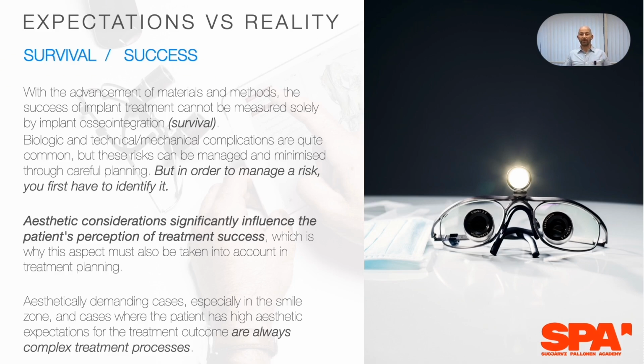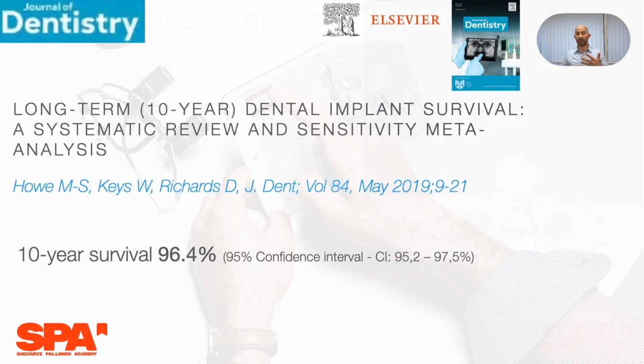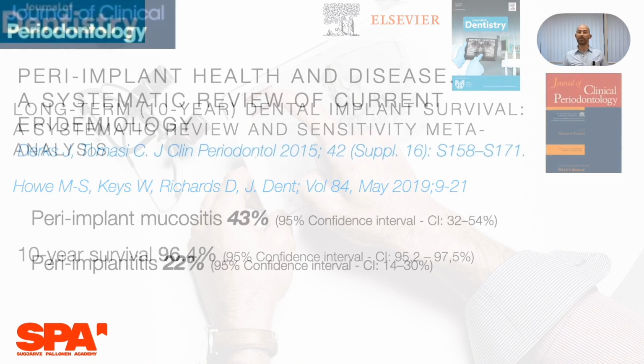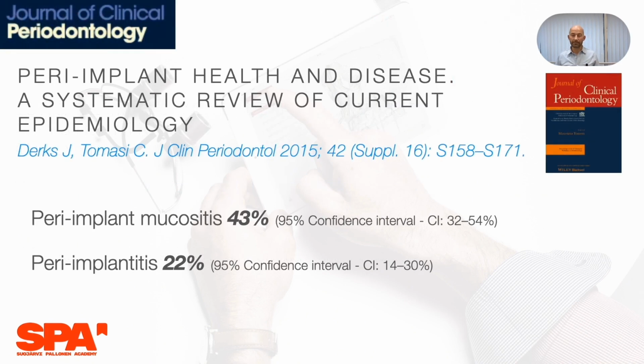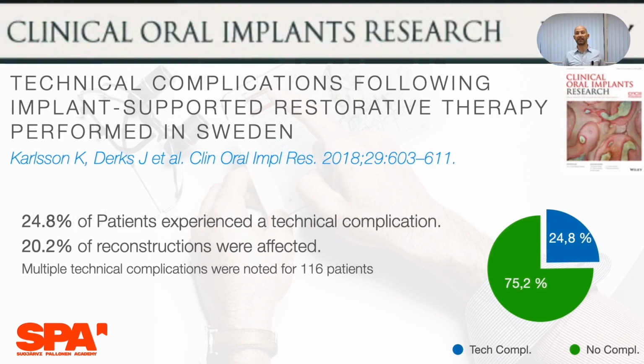In treatment planning, we know that the survival rate of implants in a 10-year spectrum is very high. It's somewhere around 95 to 98% depending on the source. But we do have problems as well. We'll have biological problems, namely peri-implant mucositis and peri-implantitis, and then we'll have technical and mechanical complications.